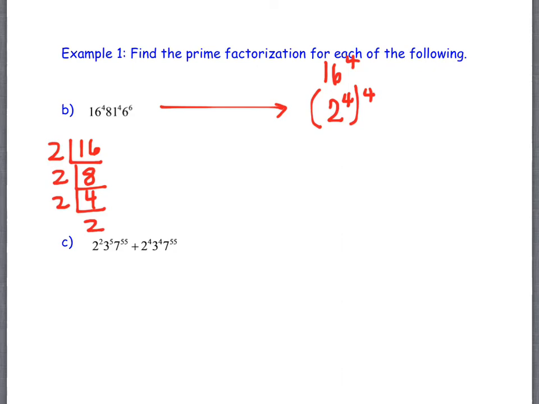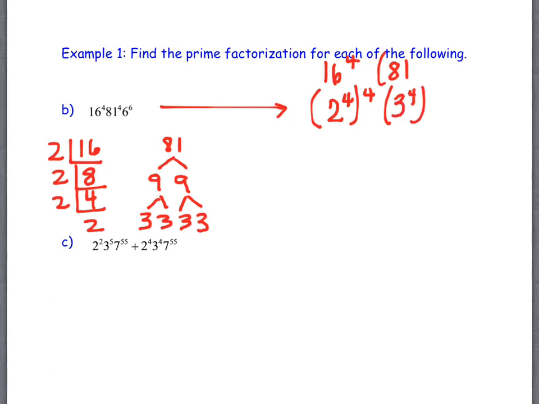The next one's 81. We'll do a factor tree for this one because you probably are thinking it. What does 81 divide nicely into? 9 times 9. What do each of my 9s divide into? 3s. So 81 is actually the same as 3 to the 4th.